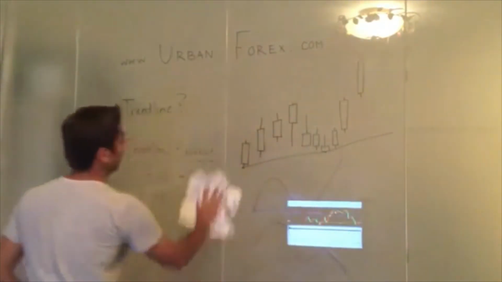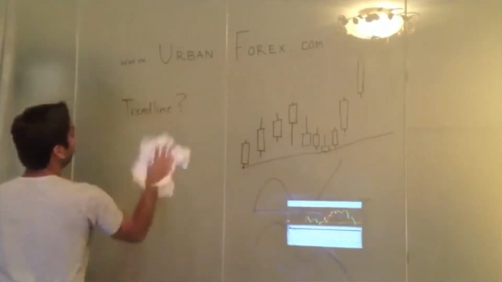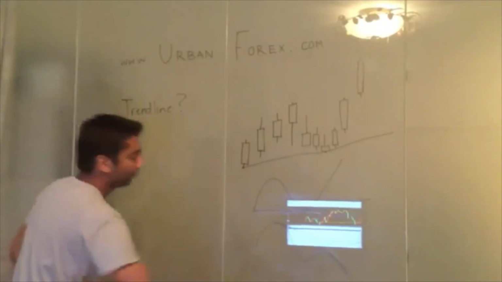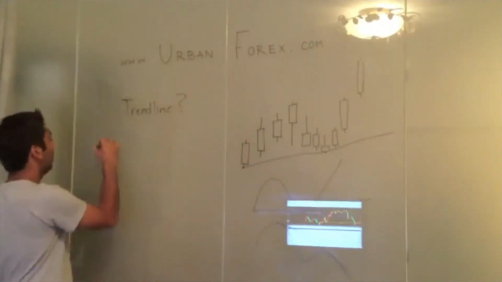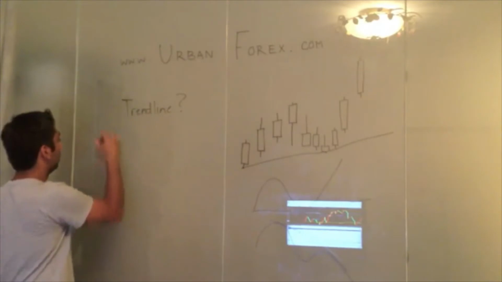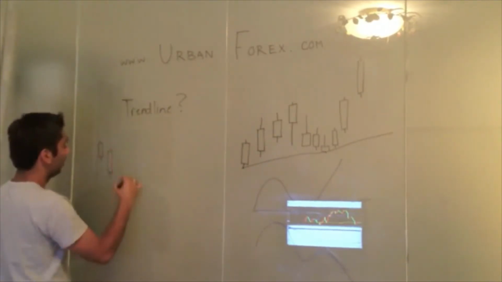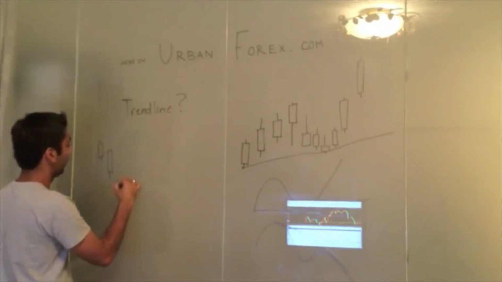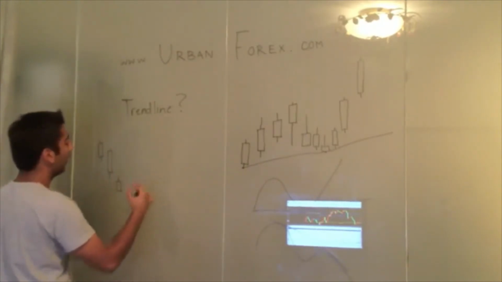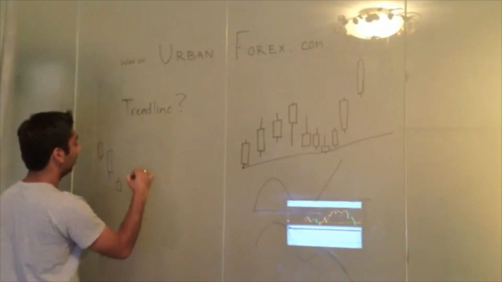Let me show you a nice example for a downtrend. Okay, you have your nice candles, market's going down. Okay, and then finally it starts to turn around.